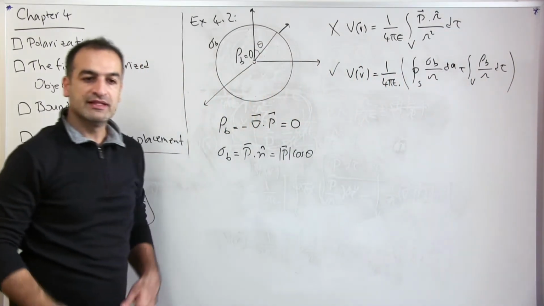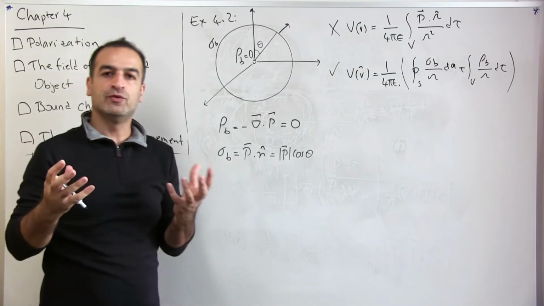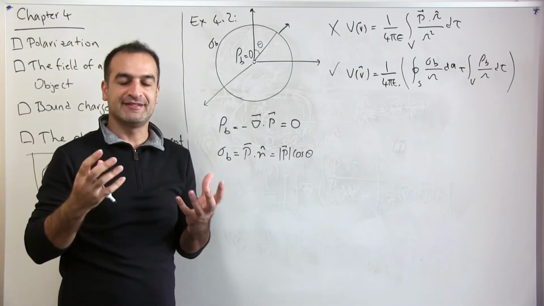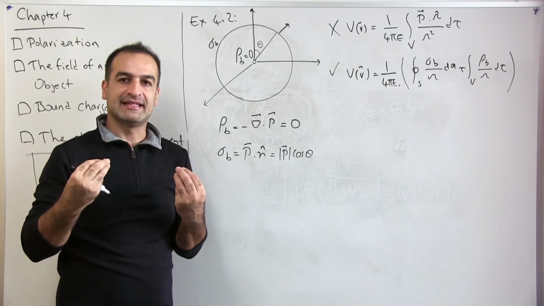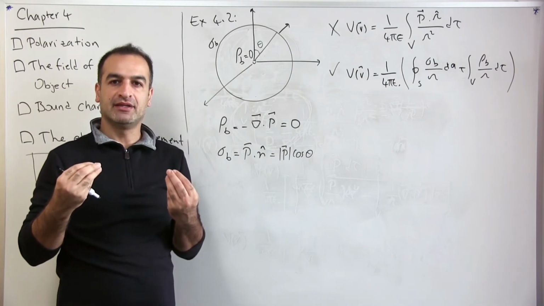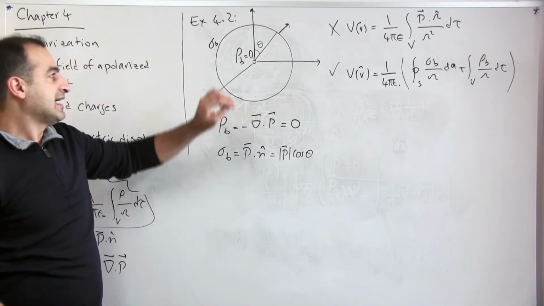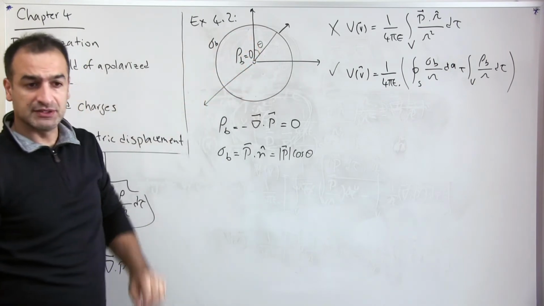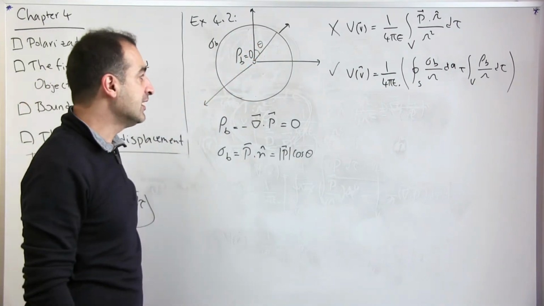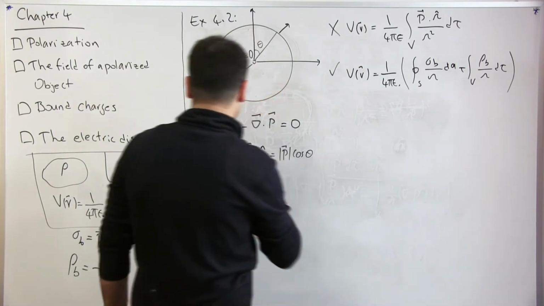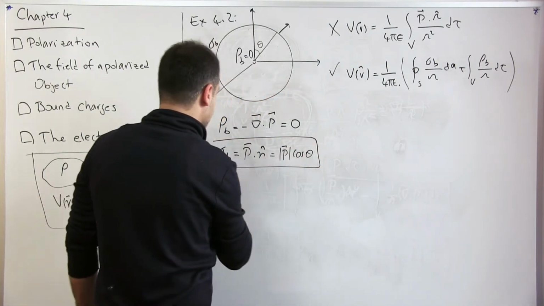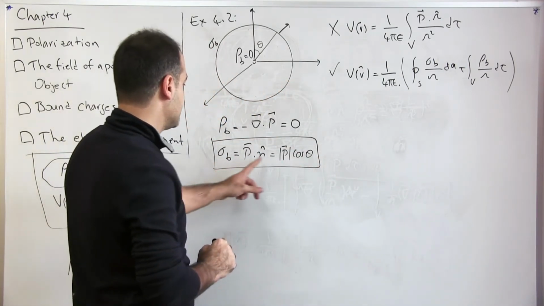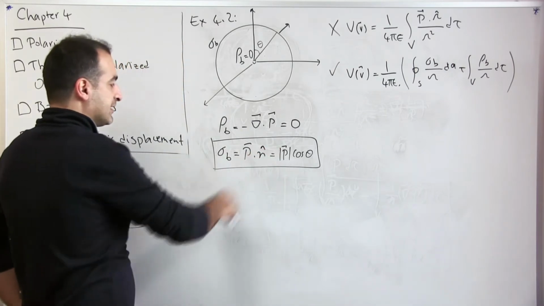Okay, so this is just a different view of a polarized object. Instead of looking at it as something created by many, many dipoles, you can look at it as carrying certain volume charge and surface charge. Now if you look at this, the surface charge density created by the polarization is something like this.